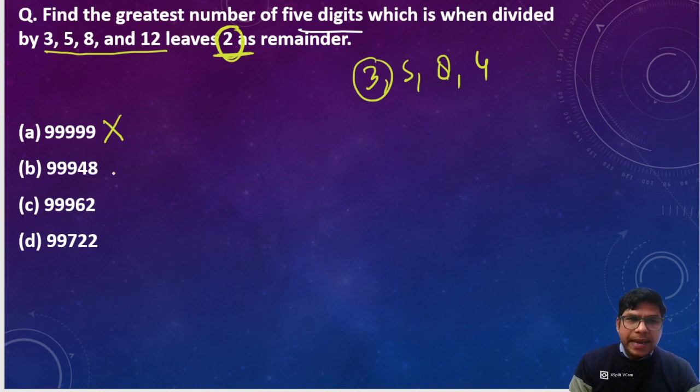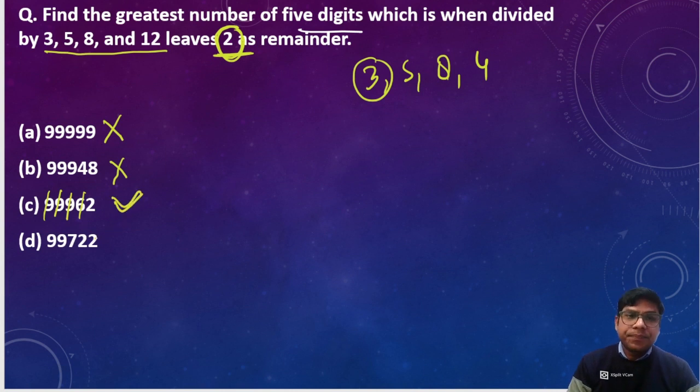If we see the second option, this is also exactly divisible by 3, so this cannot be our answer because the remainder must be 2. If we see option C, this gives 2 as a remainder, so this may be our answer.